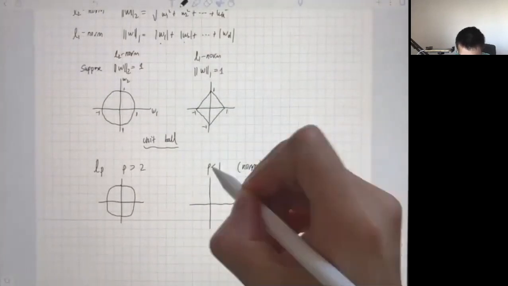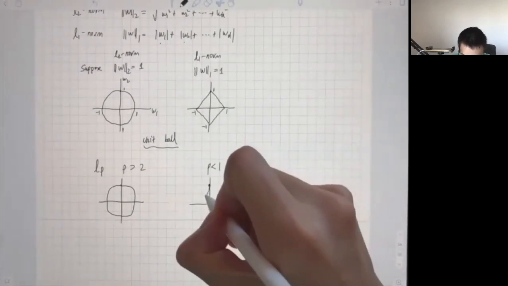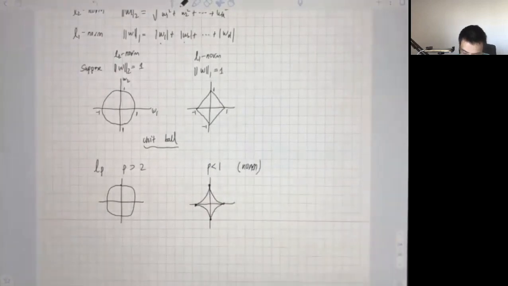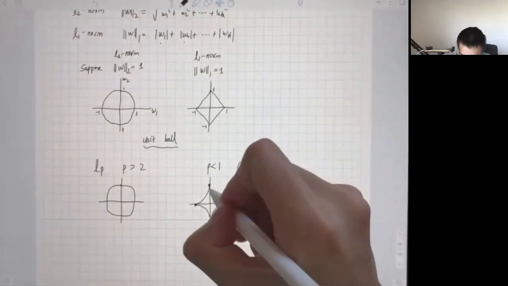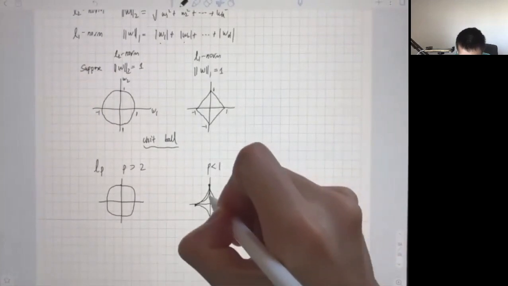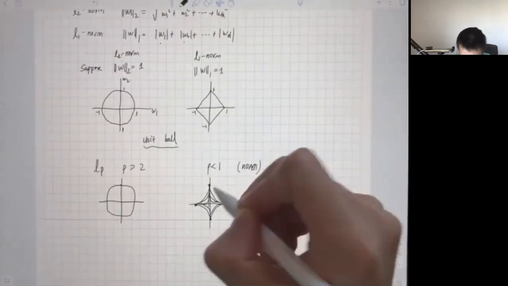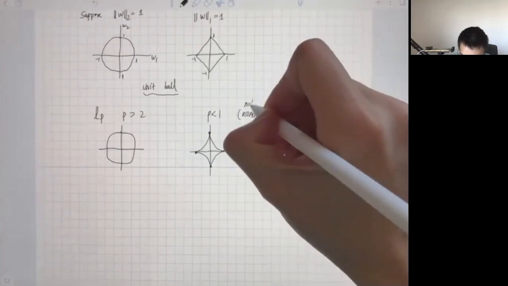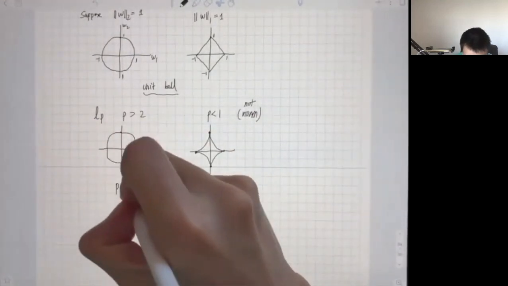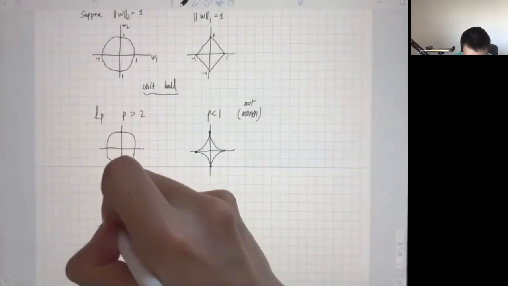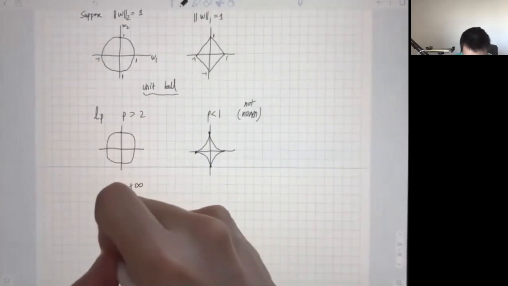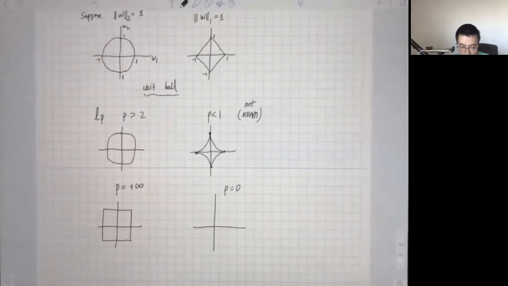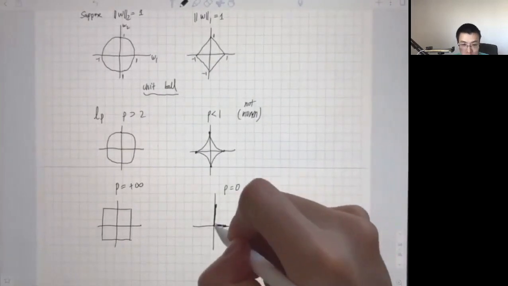But the vectors that have unit length will be on this star. If P is smaller and smaller, then it's closer and closer to the axes, and so this is not a norm. In the extreme case, if P is infinity, then the unit ball is the square. And if P is 0, then it's just counting how many axes are non-zero.